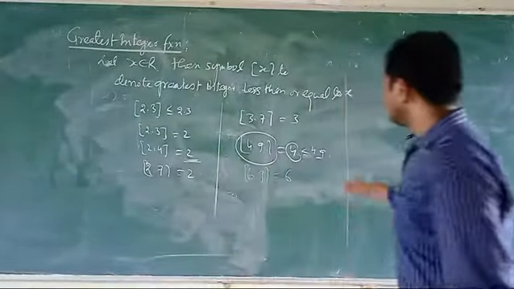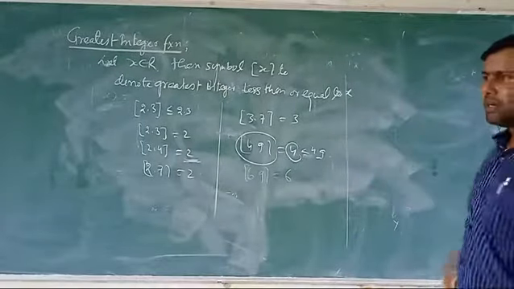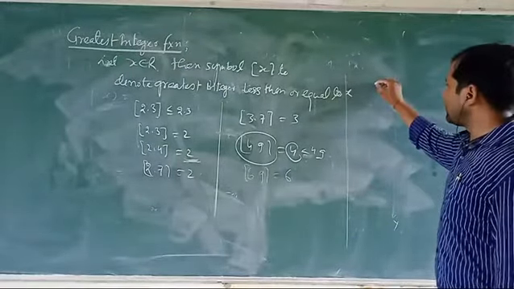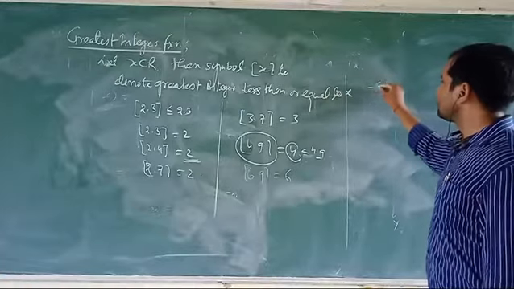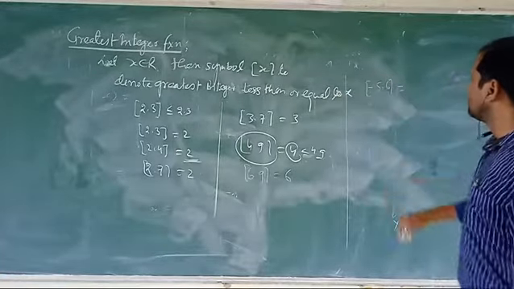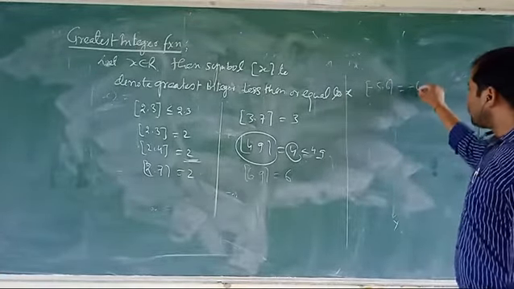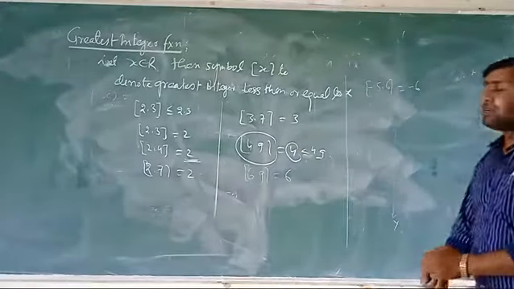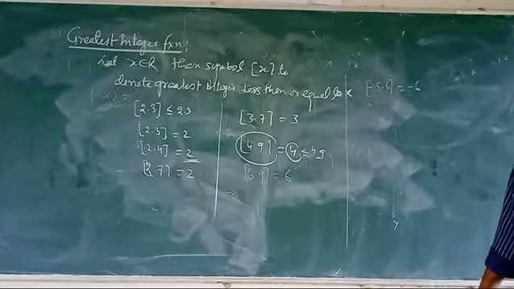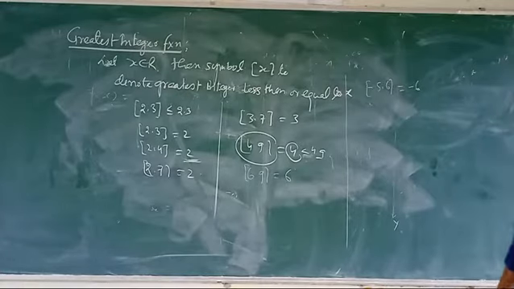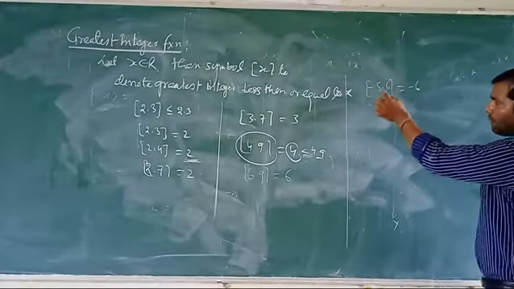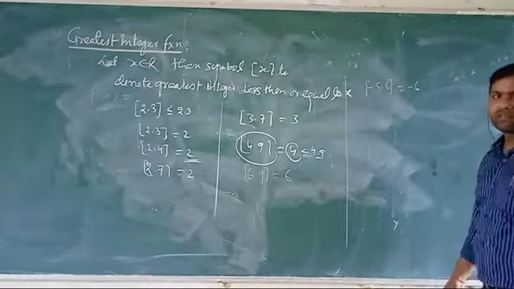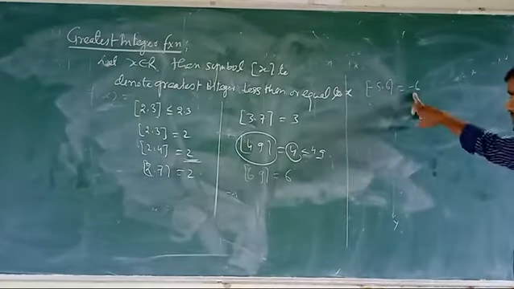And after that, for a negative decimal number, suppose I have minus 5.6, then it becomes minus 6, because the integral value less than minus 5.6 is minus 6.